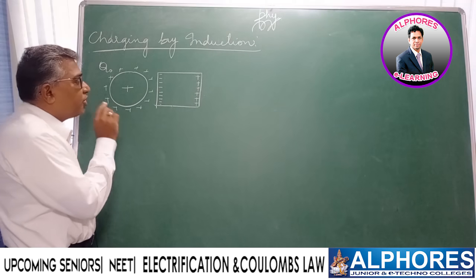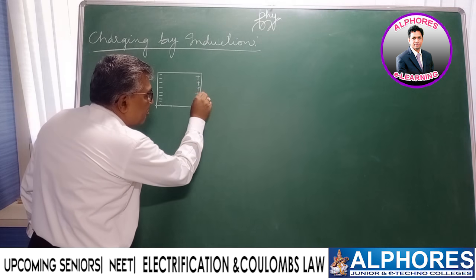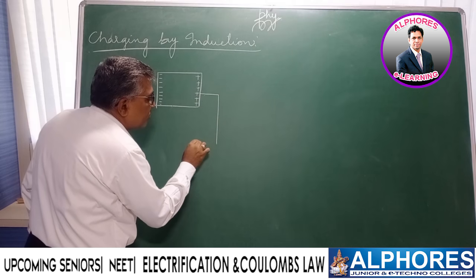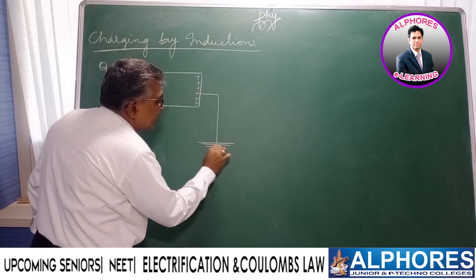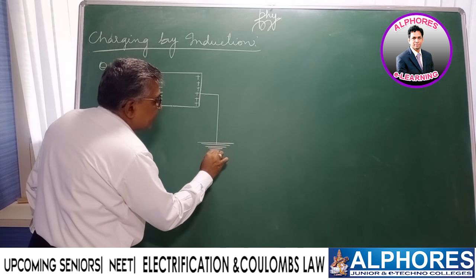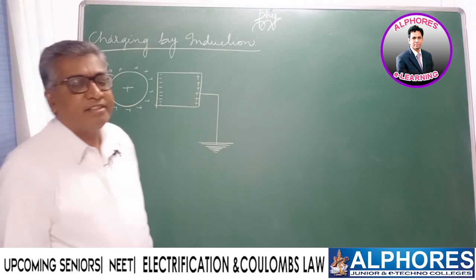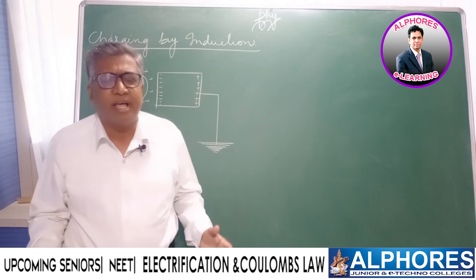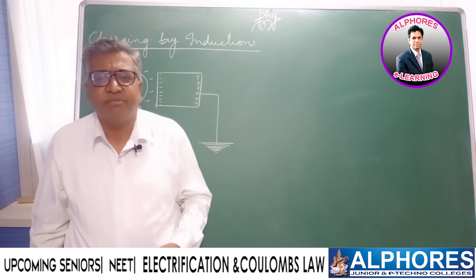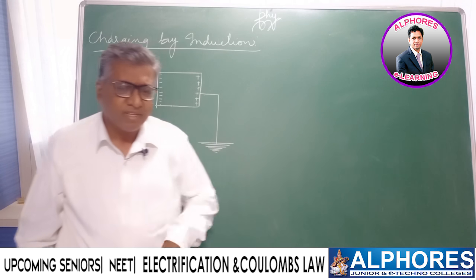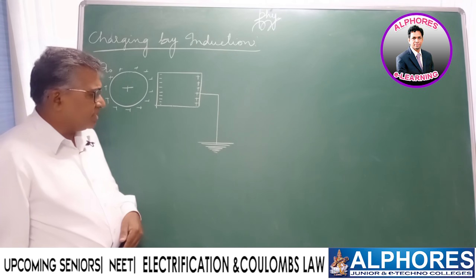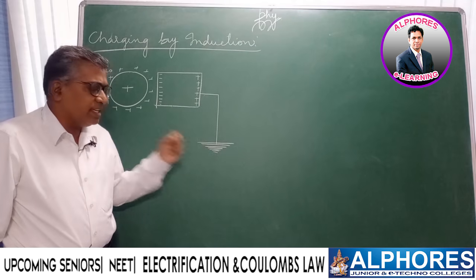Later, what you do is connect the positive side of the body to the earth. This is the electrical symbol for earthing. You know, earth is a huge conductor with an abundance of charge. It can give you any amount of charge, or it can take any amount of charge into itself.